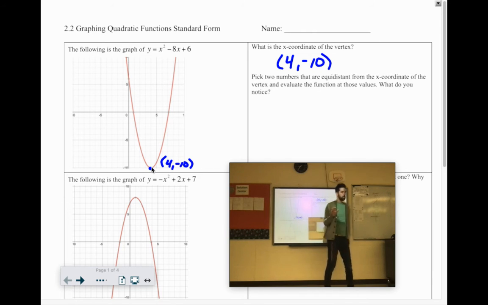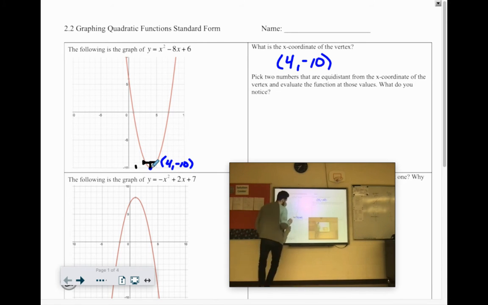Now, we've talked about the shape of normal quadratics. So when we're looking for the next dots, here's another point of intersection, which is up 1, over 1, both directions. Then it goes up 1, 2, 3 over 1.